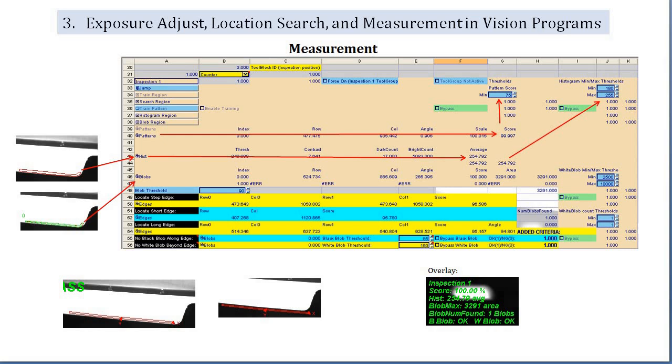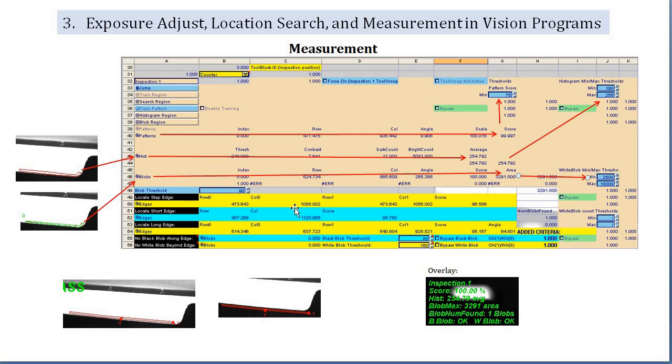So let's see what we are using in the final evaluation. Here is the area of the blob, and the area result is checked against the minimum and maximum area limits in evaluating the part.